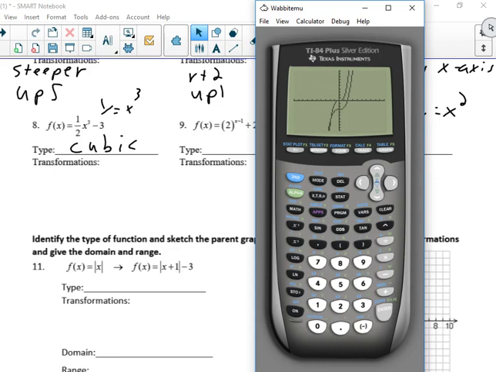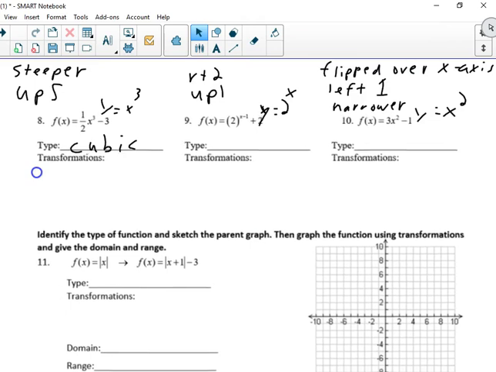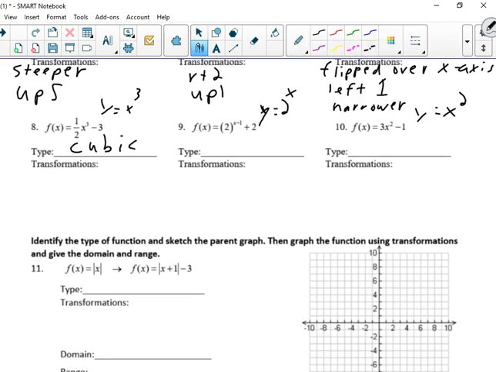Okay, you can see it dropped down. It's also a little wider. Okay, a little fatter. All right. So the 1/2 is going to make it wider. The negative 3 is going to move it down 3. That's it.